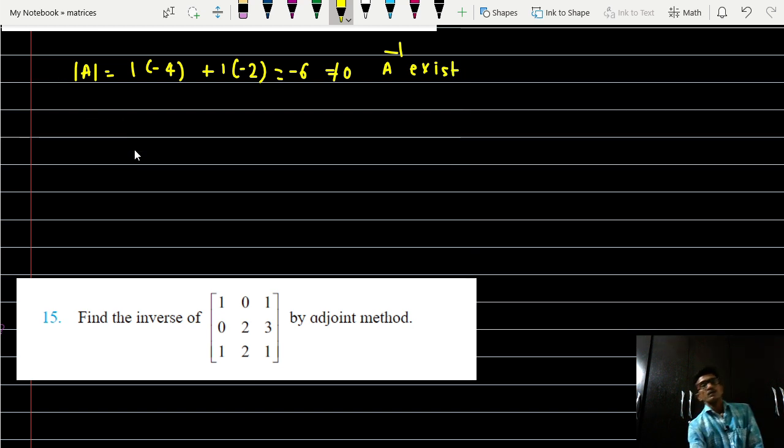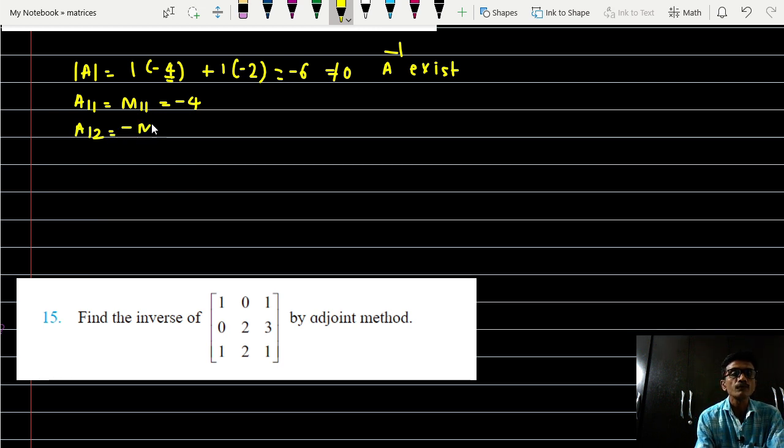इसके बाद हम सारे कोफैक्टर्स फाइंड करेंगे. A11 is equal to M11 सेम एलिमेंट आएगा minus 4 because it is value of this determinant 2 minus 6 minus 4. फिर A12 is equal to minus of M12 which is value of this determinant 0, 3 or 1, 1.